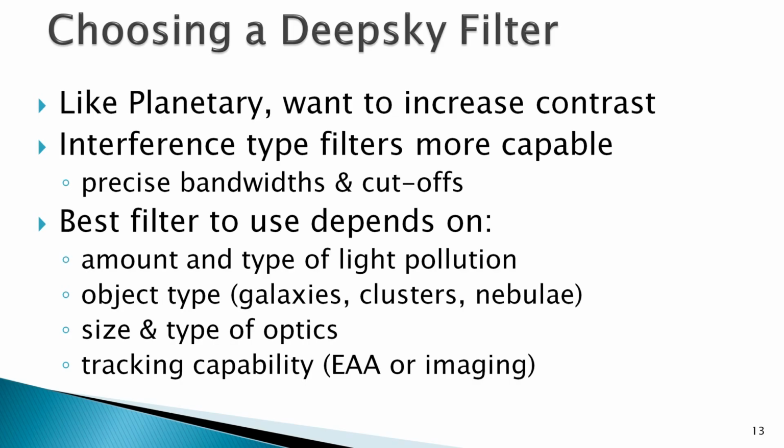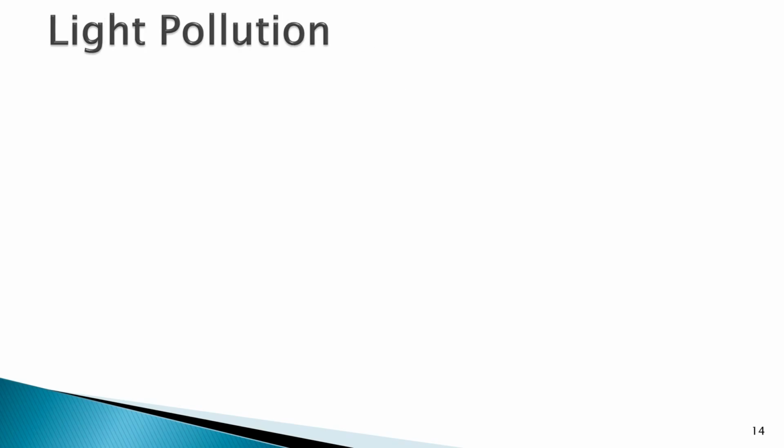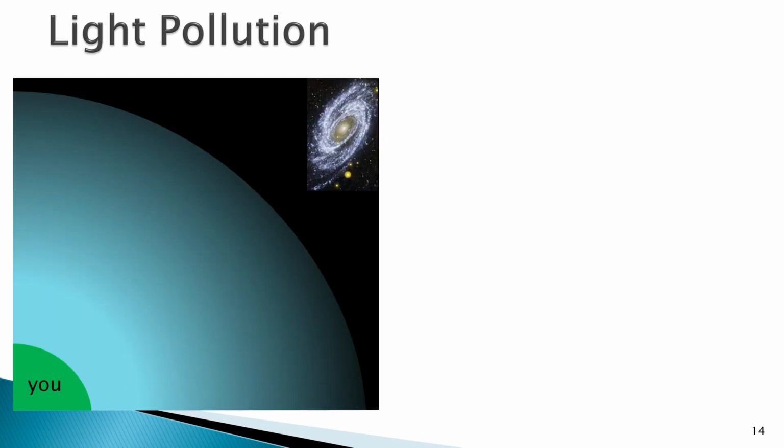The next couple of slides discuss these 4 factors in more detail, starting with light pollution, which is all the light entering your telescope from sources located between us and the deep sky object.